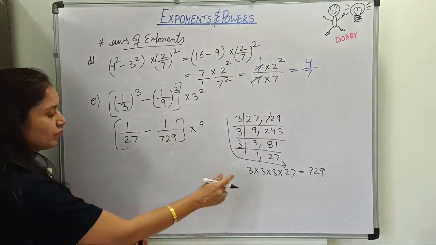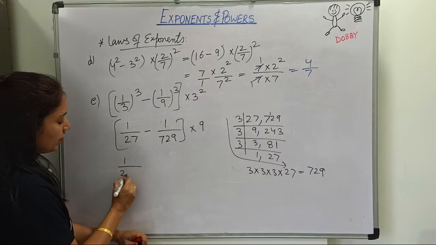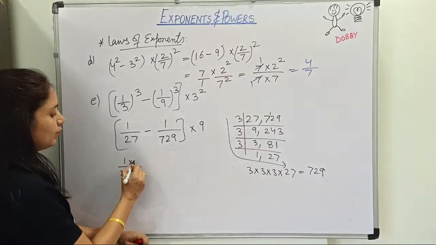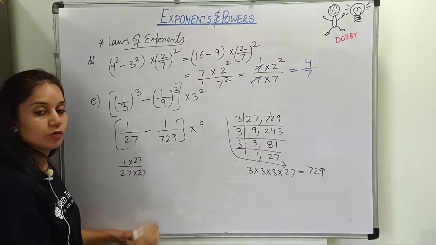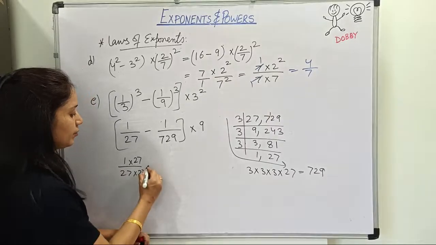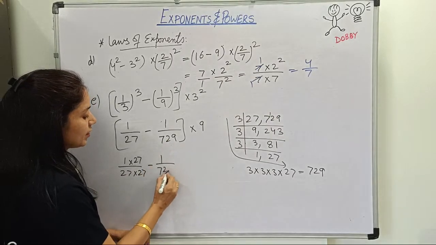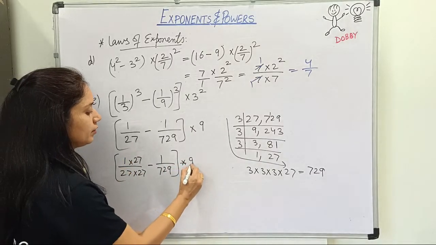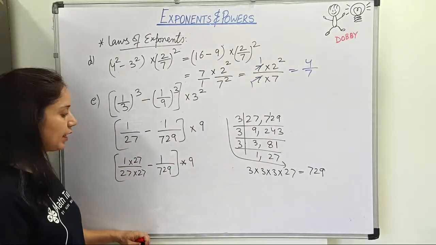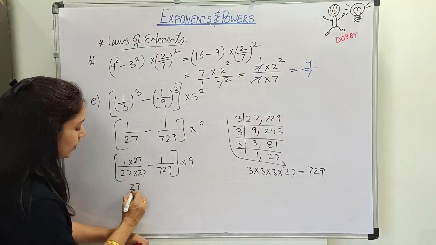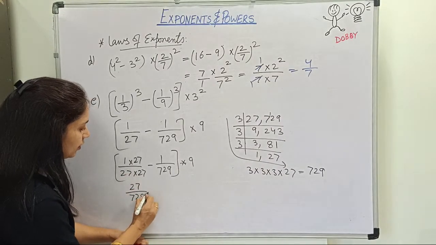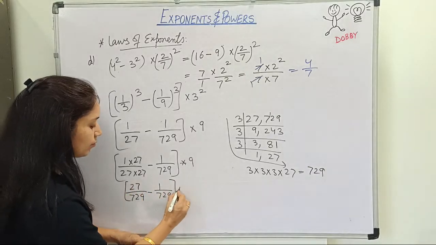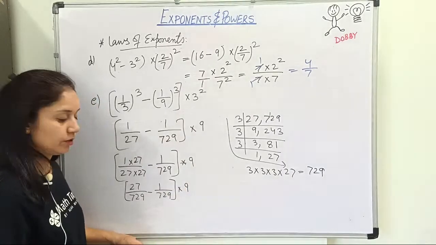So take LCM 729. 1 upon 27. How to make it 729? Multiply by 27 will give you denominator 729. And the second fraction is already 729. Multiply by 9 outside the bracket. It becomes 27 upon 729 minus 1 upon 729, multiply by 9 outside, continued.